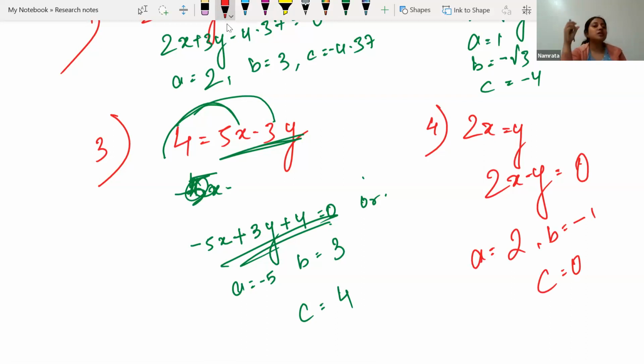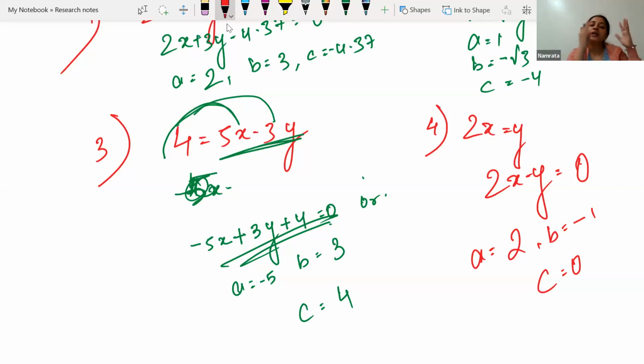In the instruction, it will be clearly written to write the given linear equation in two variables in the form ax plus by plus c is equal to 0. Don't worry, it will not say to write it in standard form, because after a certain period of time you won't be able to recall what the standard format was.